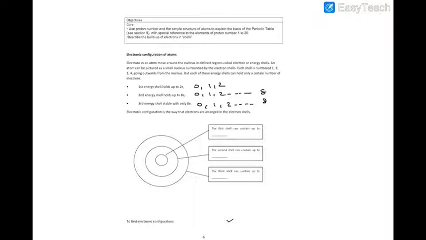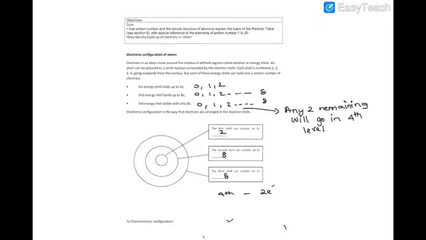Any remaining electron for your level will go in the fourth shell. So you won't have an extraordinary number of remaining electrons. You can have maybe up to 2 remaining electrons. This will go in the fourth energy level. So the first shell contains up to 2, second shell up to 8, third shell up to 8, and the fourth shell will contain the remaining 2 electrons in case you have them.